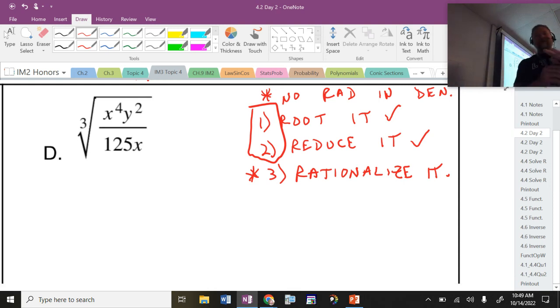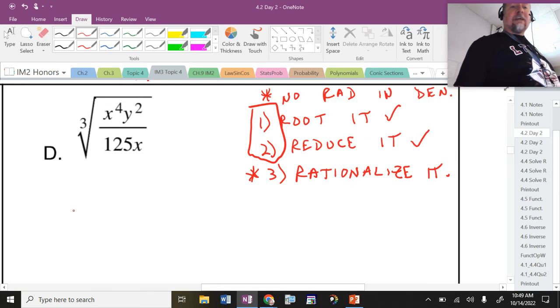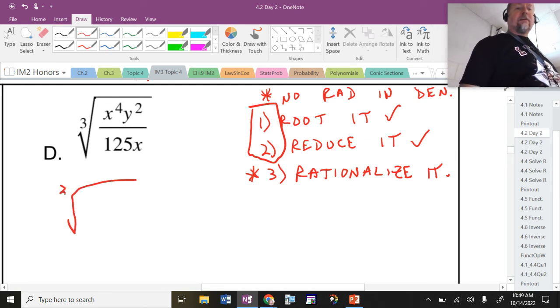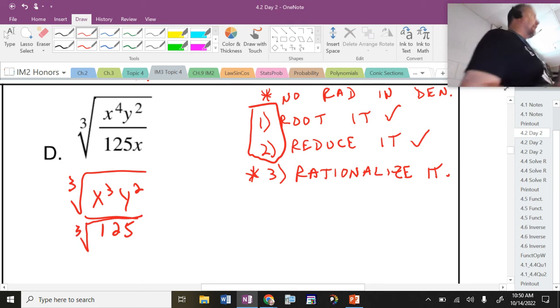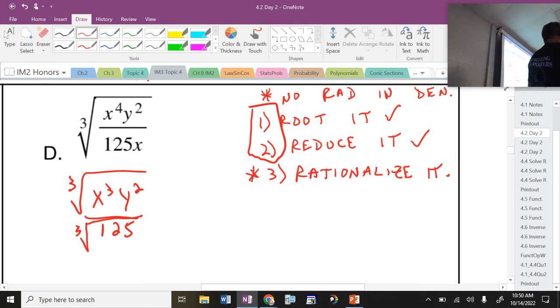We can speak. It's amazing. All right. And what will happen through our subtraction rule is that this will be the cube root of X cubed, Y squared over just 125. Oh, actually, what I should have done is this. Maybe I should just separate these and think of these separately. And I said I would liberally do that. A cube root of a fraction, I can take the cube root of the numerator and denominator separately. Done reducing, does anything root perfectly?